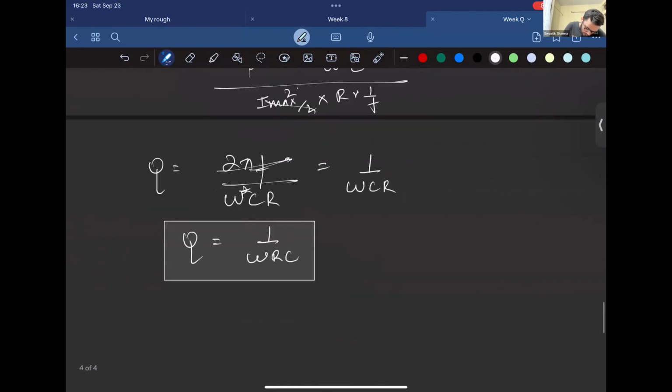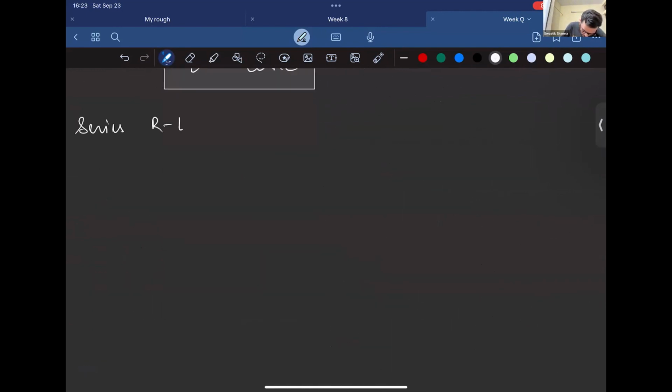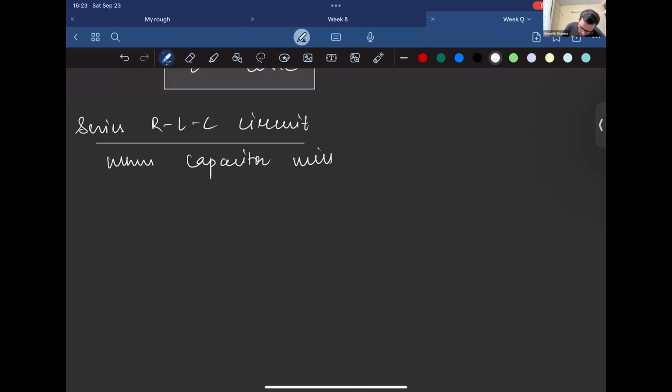Let's see for the RLC circuit. Since the maximum amount of energy stored in a capacitor is dependent on the maximum amount of voltage, when the capacitor will store maximum energy, inductor current will be zero, right?